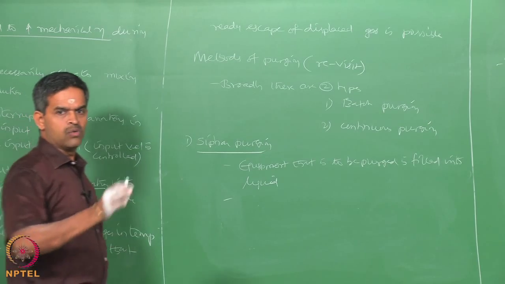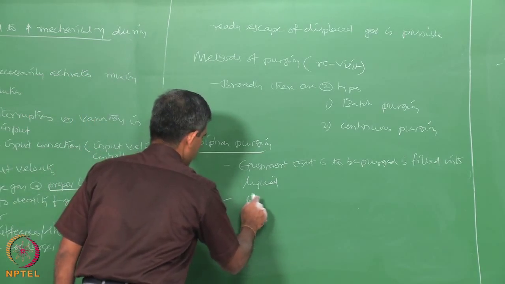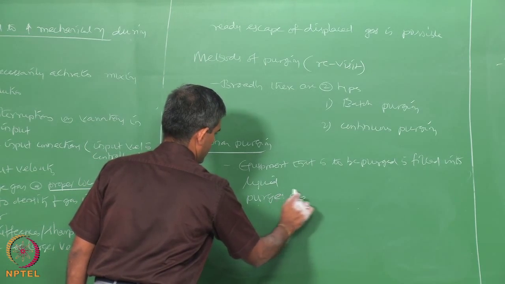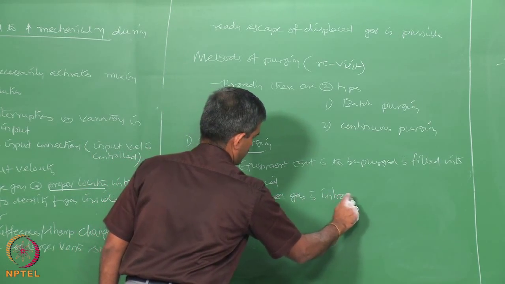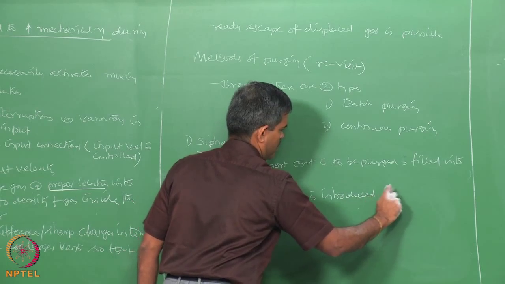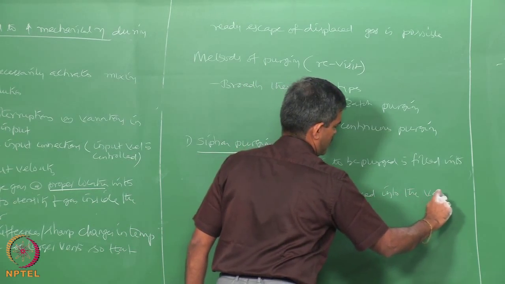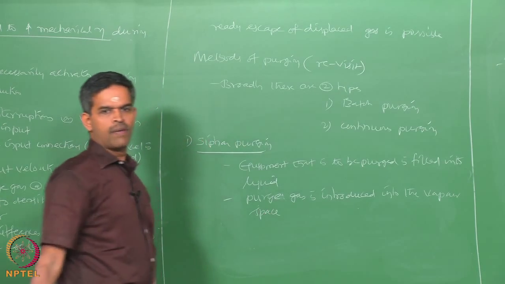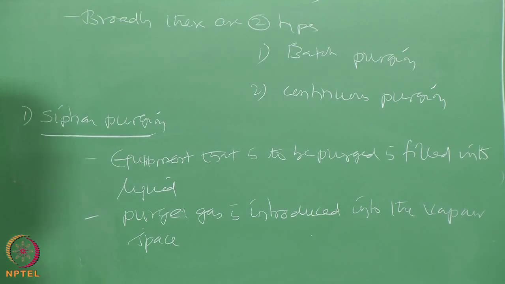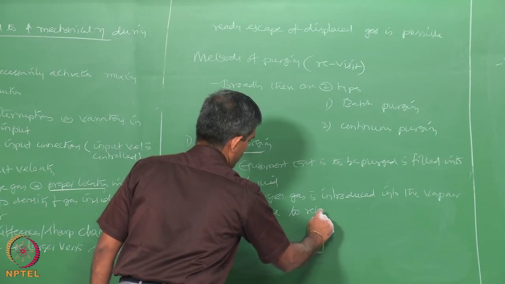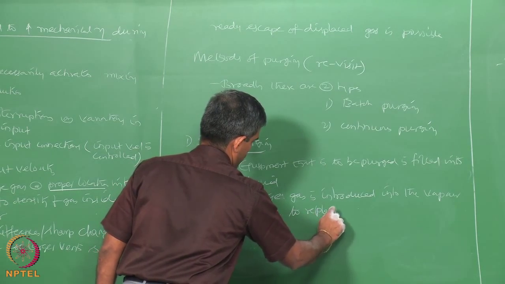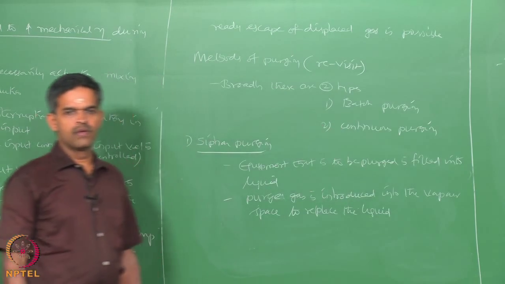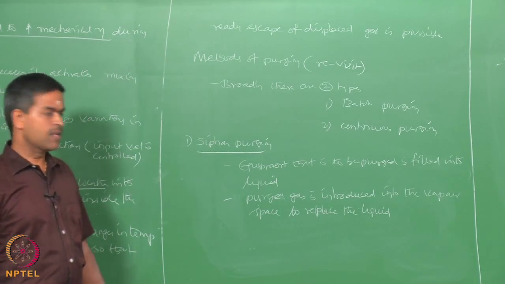Purge gas is introduced into the vapor space to replace the liquid, which is then drained from the equipment.